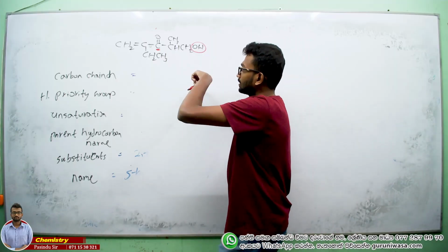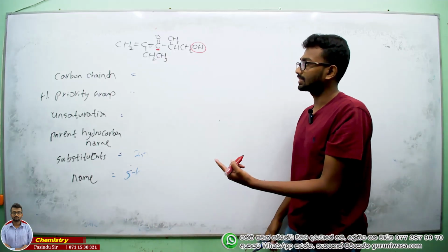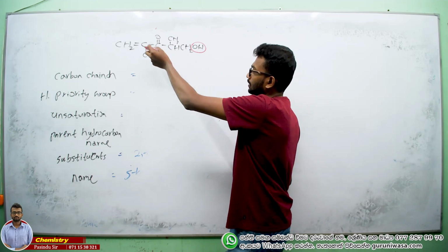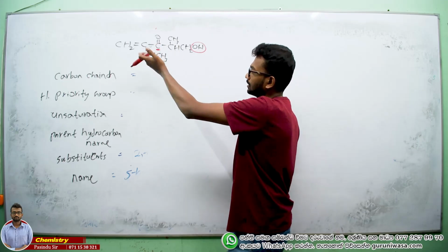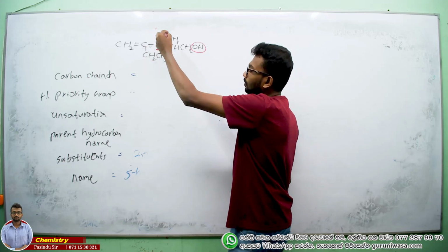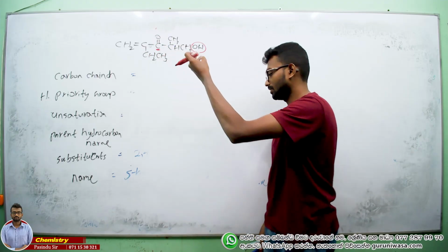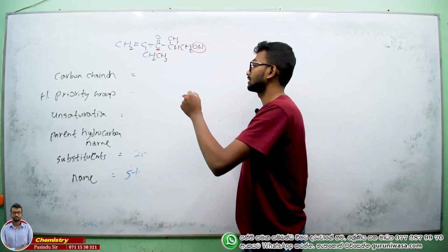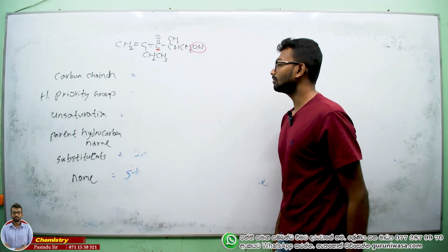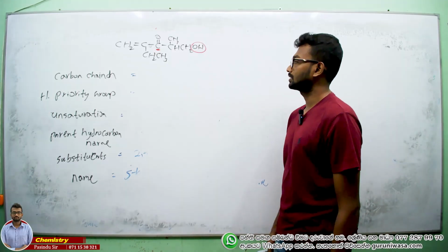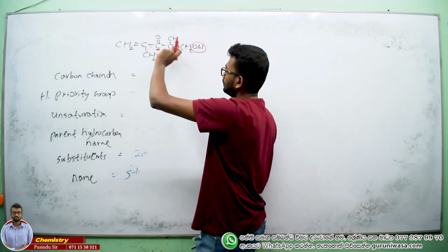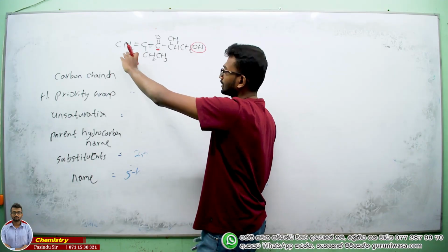So the next problem is which direction. On either side, the ketone group gets the same number. Therefore, we have to consider the unsaturation and give the lowest number to the unsaturation, right?